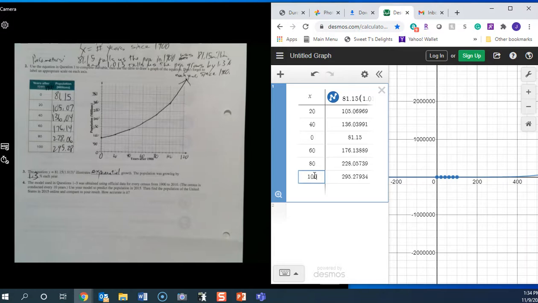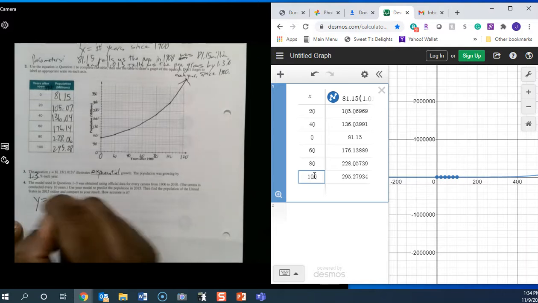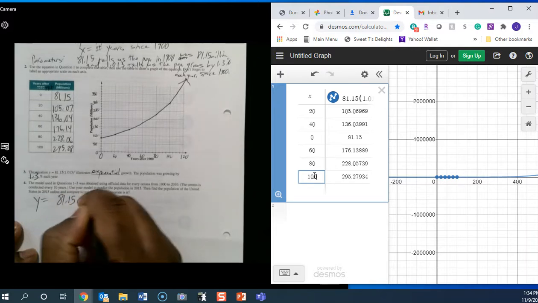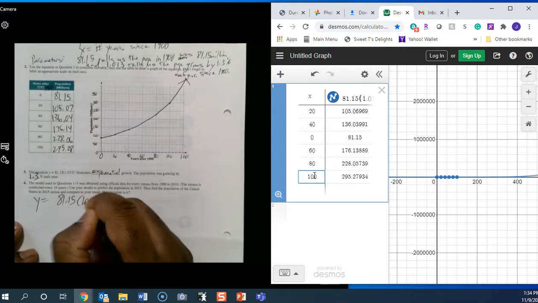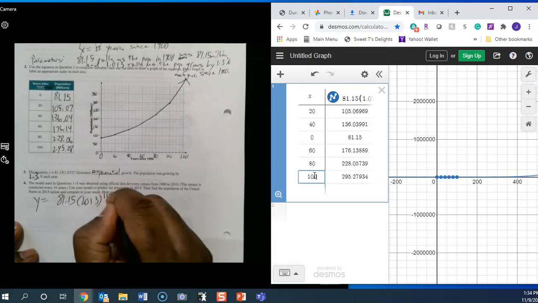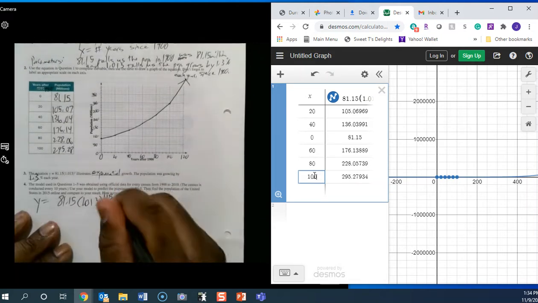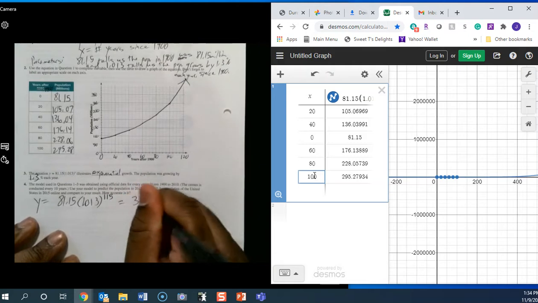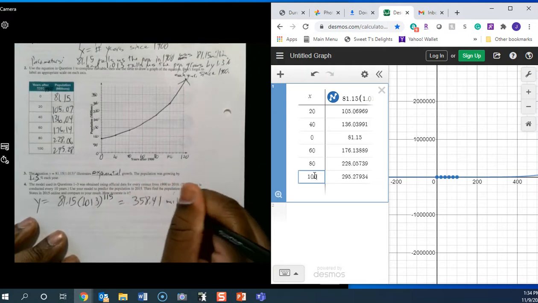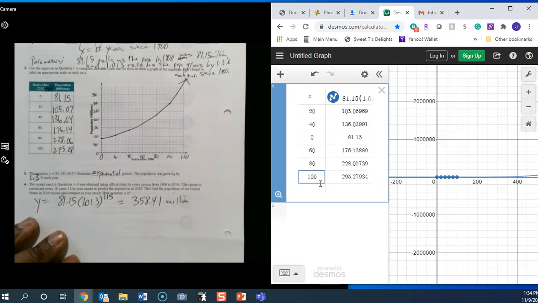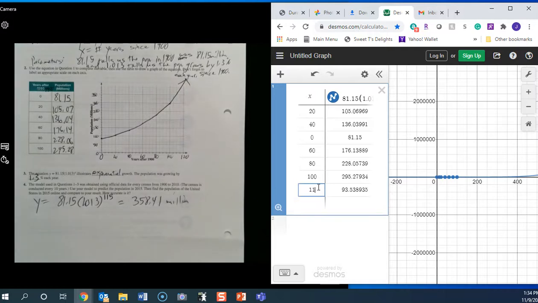Then find the population of the United States in 2015 online and compare it to your result. How accurate is it? So we have y is equal to 81.15 times 1.013 to the 115th power, because it's 115 years since 1900. That will give us 358.41 million. If we want, we could just type in 115 in the table, and that's what it will give us rounded to 2 decimal places.